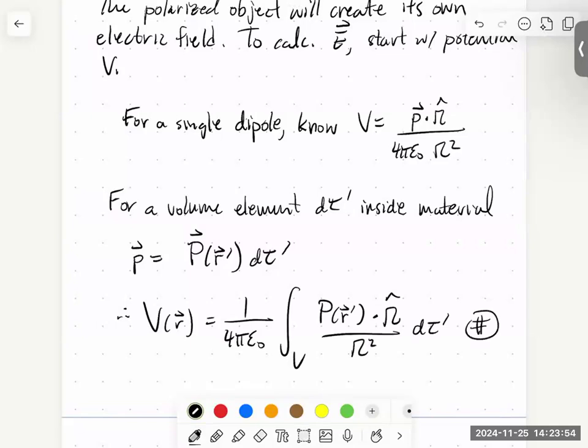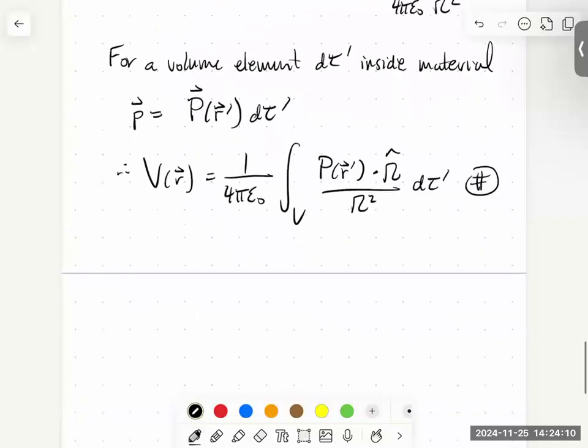And so in principle, we could just stop here and say, look, that's the solution. You just have to do this complicated integral every time you want to calculate that potential. And then if you want to know the electric field, you would take minus the gradient of that potential to get the electric field.